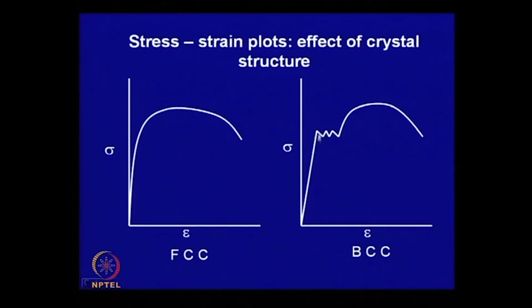They have a prominent yield point and yield point elongation. Once it yields, there is some kind of instability. This is called yield point elongation, from here to here, and this is called the yield point phenomenon. This is primarily associated with the interstitial atoms present in the BCC lattice, and after this yield point the plot goes like this.